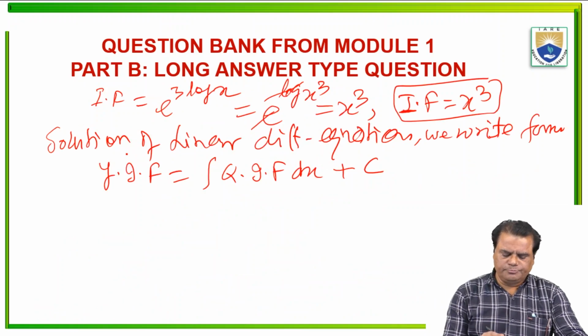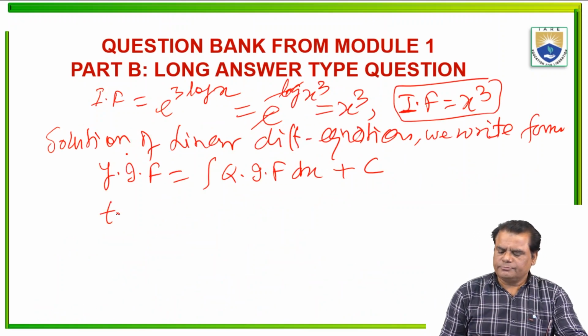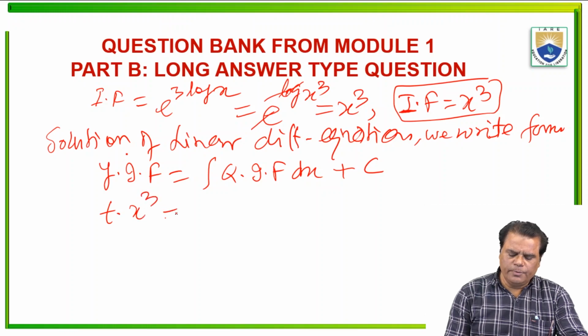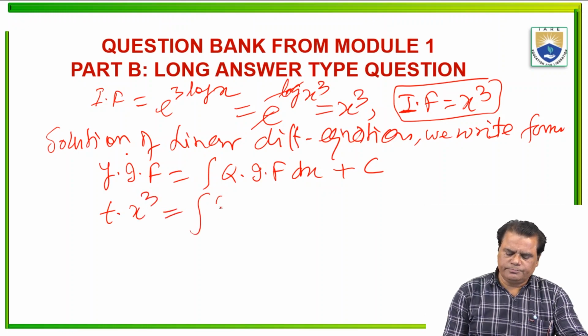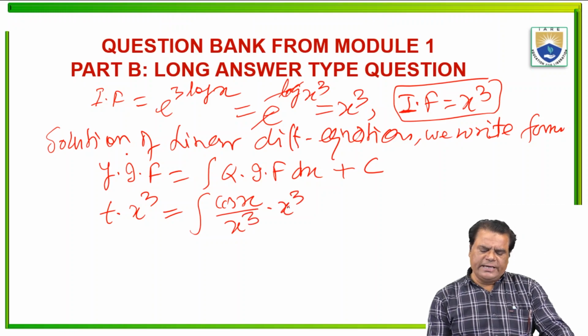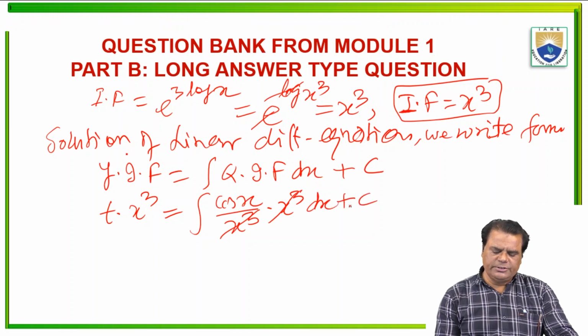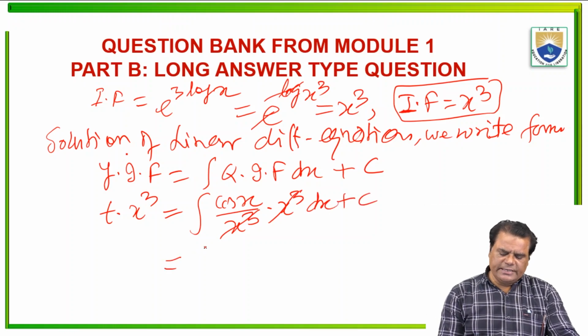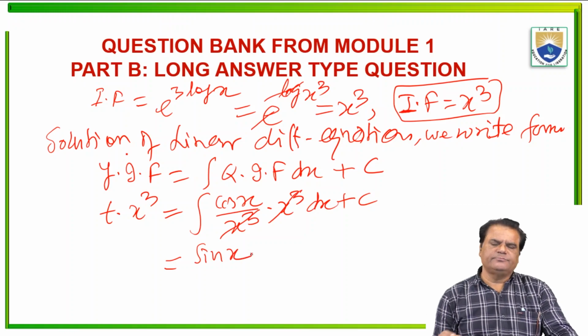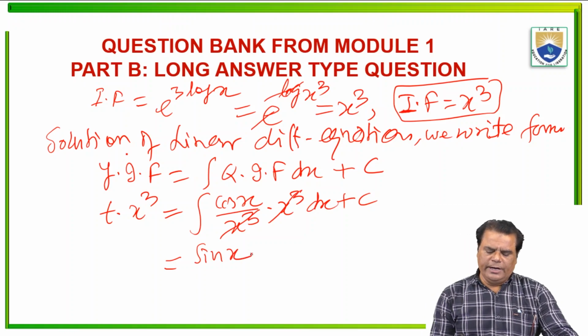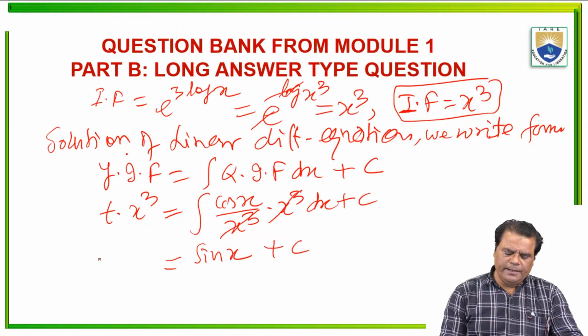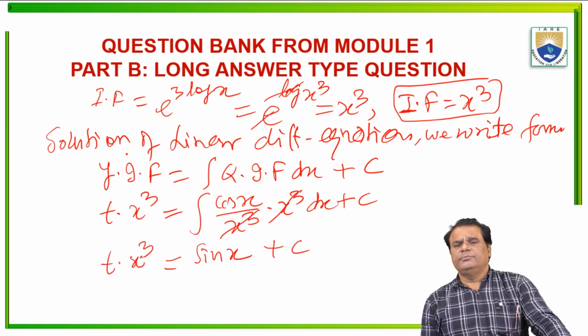So now here is t, IF is x cube, integration Q, Q is cos x upon x cube. x cube cancels. dx plus C. So the integration of cos x is sin x, and plus C. Here is t into x cube.